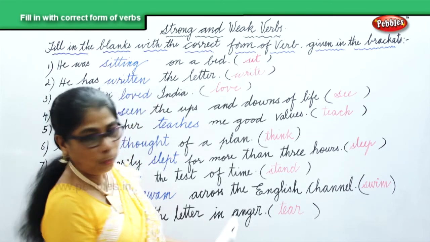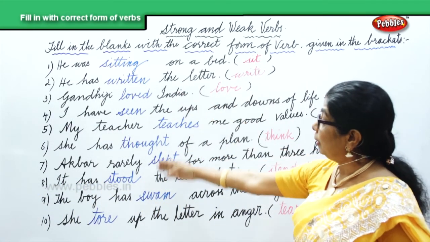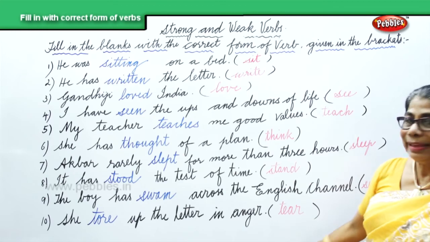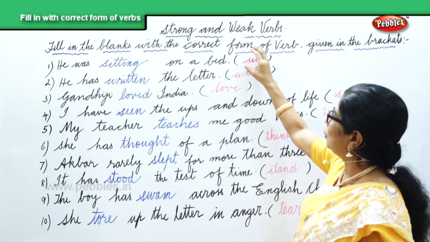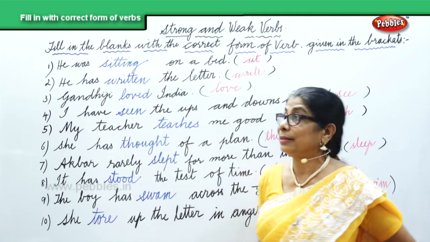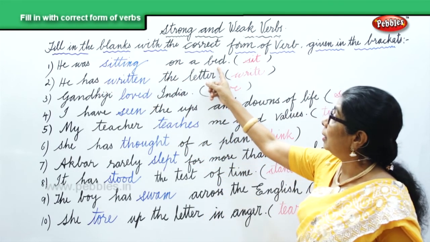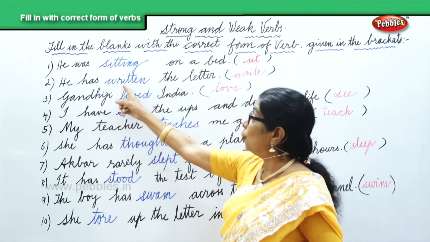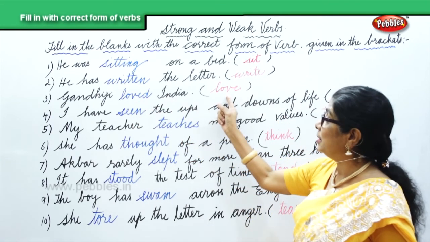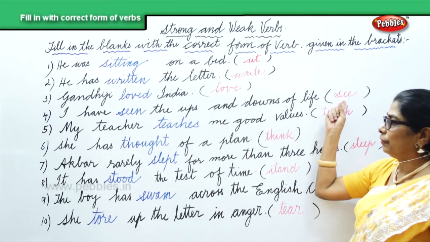Now, what have we done here? We filled in all the blanks with the correct form of verb given to us in the bracket in red. We took the verb and put in the correct form. Let's read the correct sentences. He was sitting on a bed. He has written the letter. Gandhiji loved India. I have seen the ups and downs of life.